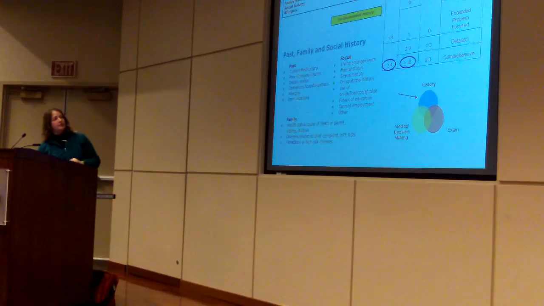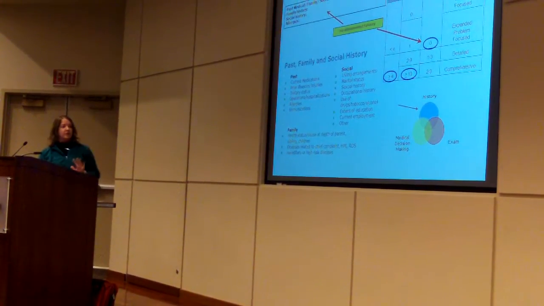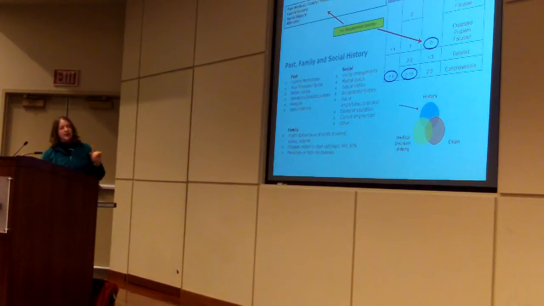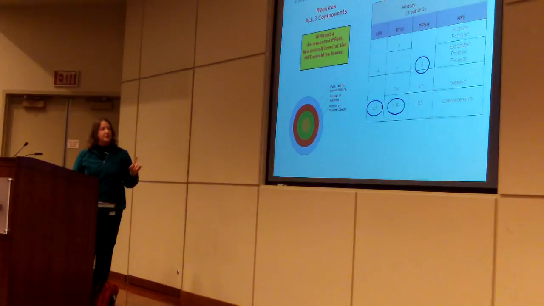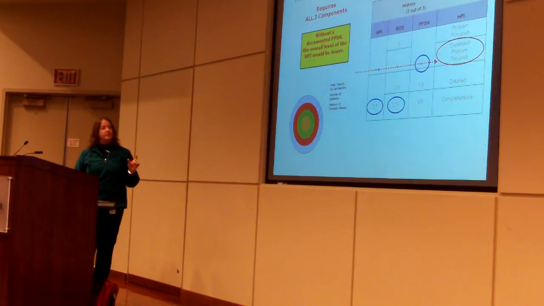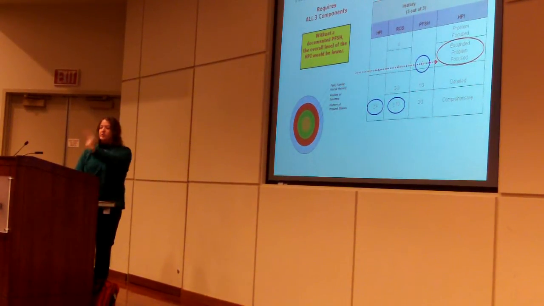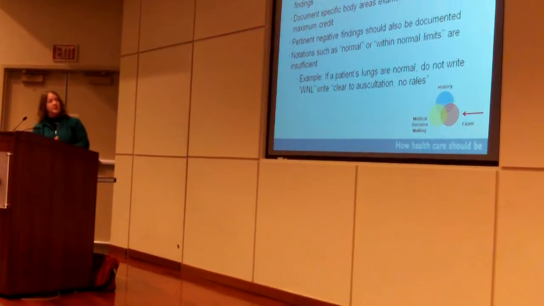Also within this patient's chart, there was no past history, social history, or family history documented, so that got a score of 0. So overall for this patient's chart, without the past, family, social history, the history component dropped down to expanded problem focused. And when we go through this code, you'll see how it changes the code at the end of the presentation.